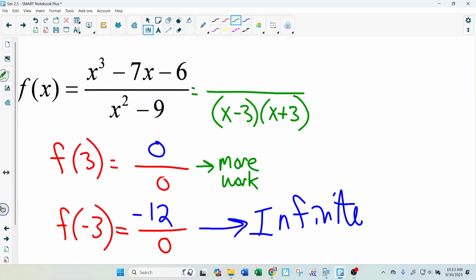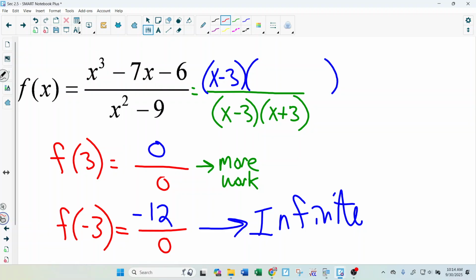But because when you put 3 in the top, you get 0, if we think back to our algebra, that tells us x minus 3 must be a factor. But what are we left with? How can we figure out what that top factors into?